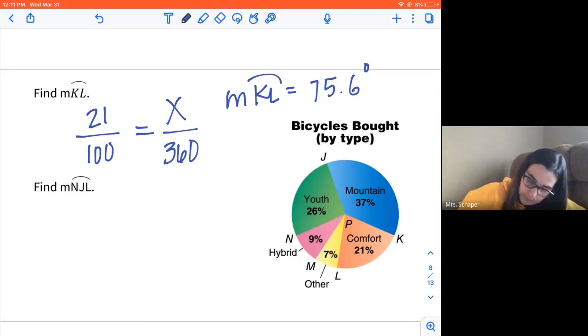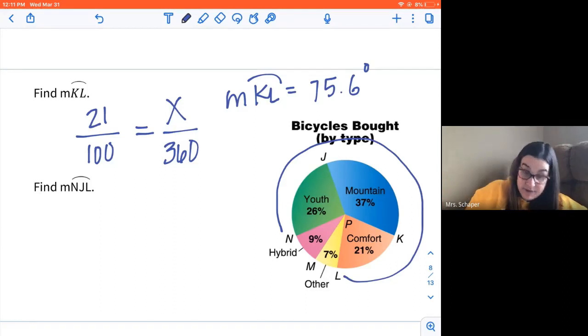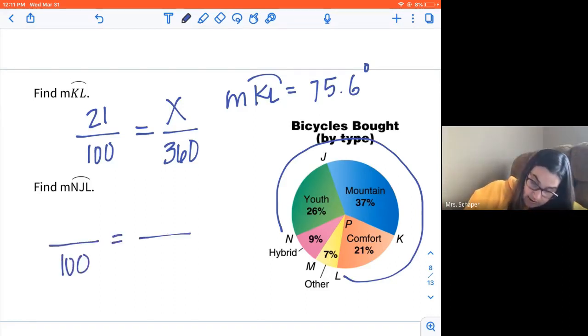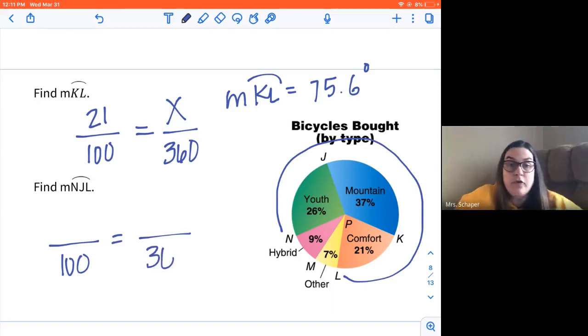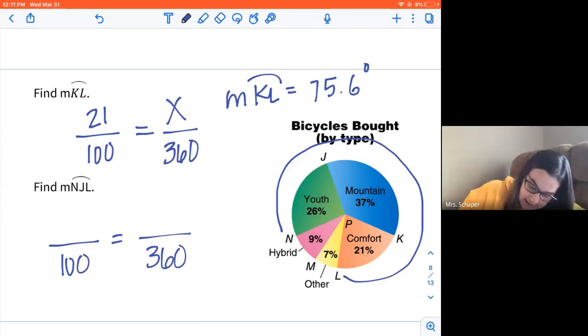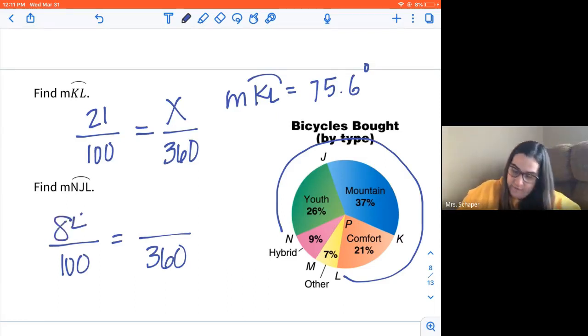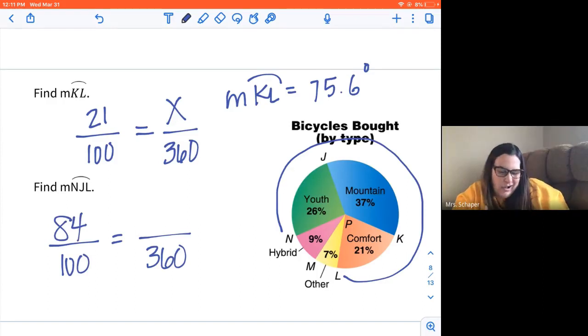NJL, whew, NJ all the way to L. So again, I'm going to do the same thing. I'm going to set up my percent over 100 and figure out my degrees over 360. So the full thing is 100. I'm not counting 16. So that's going to be 84%. I could have added all of them too, but I decided to take 100 minus 9 minus 7.